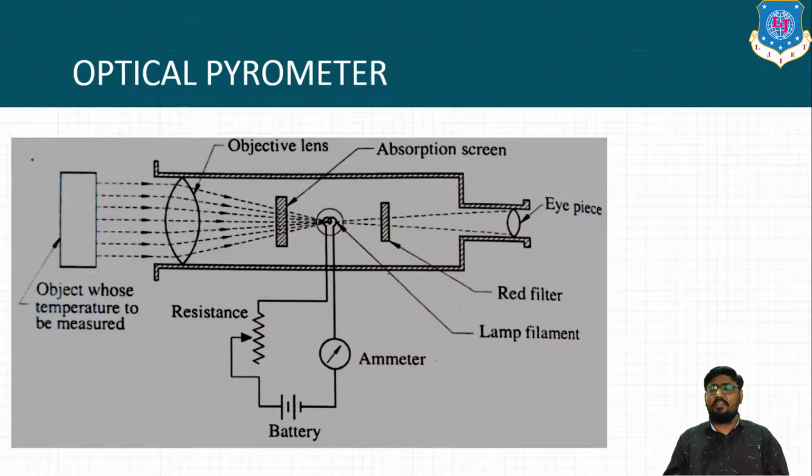So this lamp filament is now the detector. You can observe the color, or you can directly connect it with an RTD type sensor, and by measuring the voltage or current, you can get the temperature of this object. So this was all about the optical pyrometer.